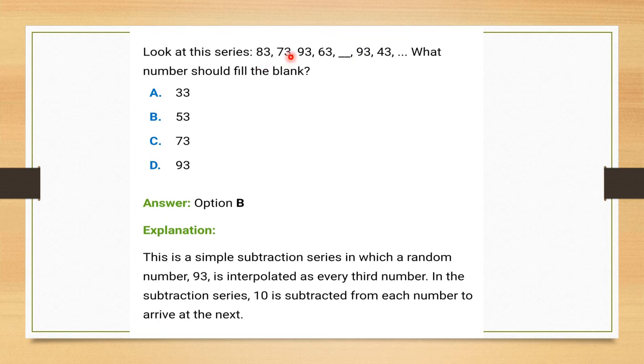If we check the difference between each alternative number, it comes to 10. 83 minus 10 is 73, 73 minus 10 is 63, 63 minus 10 comes out to 53. So the answer would be 53, option B. It's a simple subtraction series with a random number, 93, added after every two numbers.